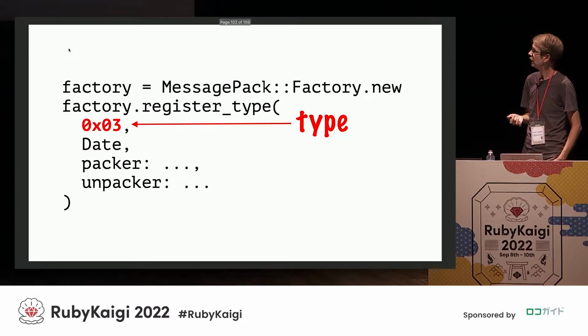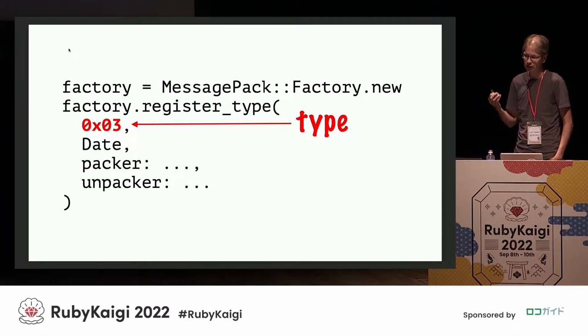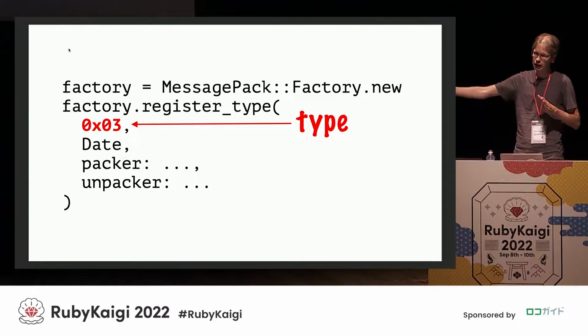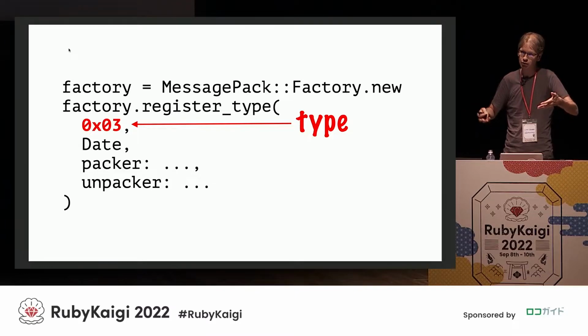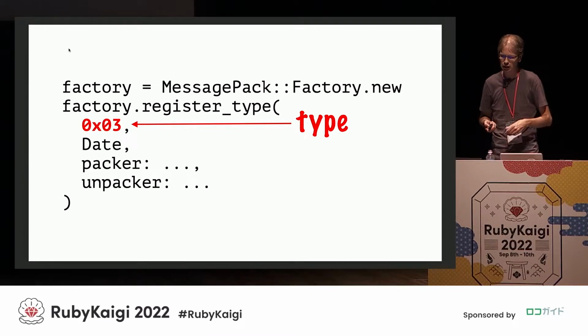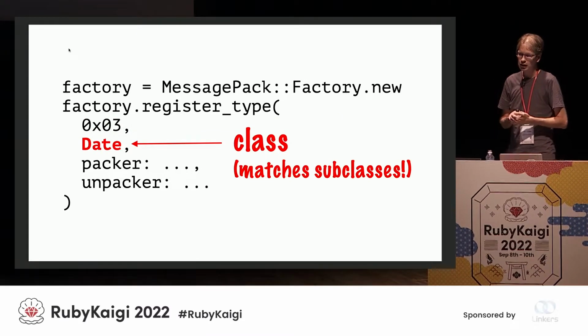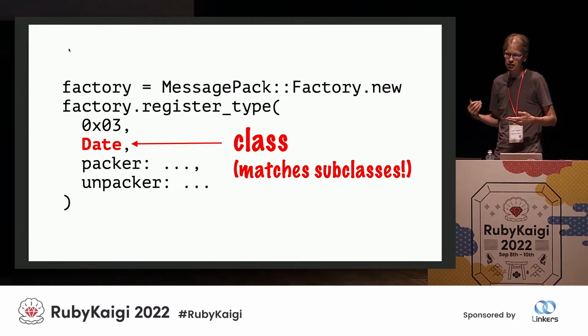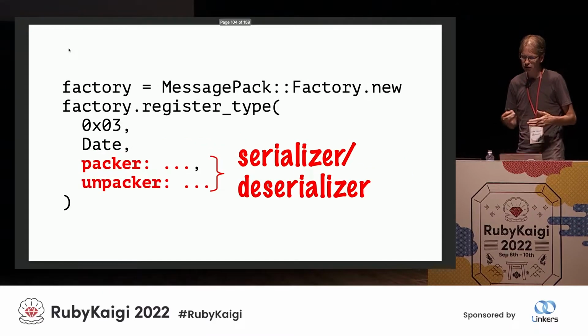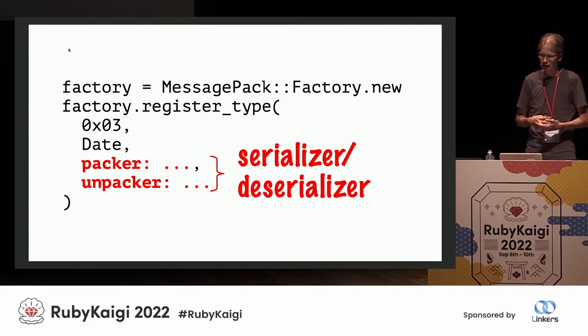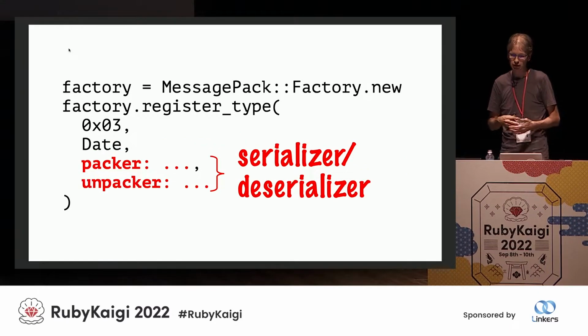You give it a type, which can be from 0 to 127, so there are 128 extension types. Here we're giving it type 3, so that's what MessagePack will use to encode this data. We give it a class. This actually will also match subclasses, so that's usually what you want, but you have to be a little bit careful with that. And then you define what's called a packer and an unpacker. This is basically the serializer and deserializer.